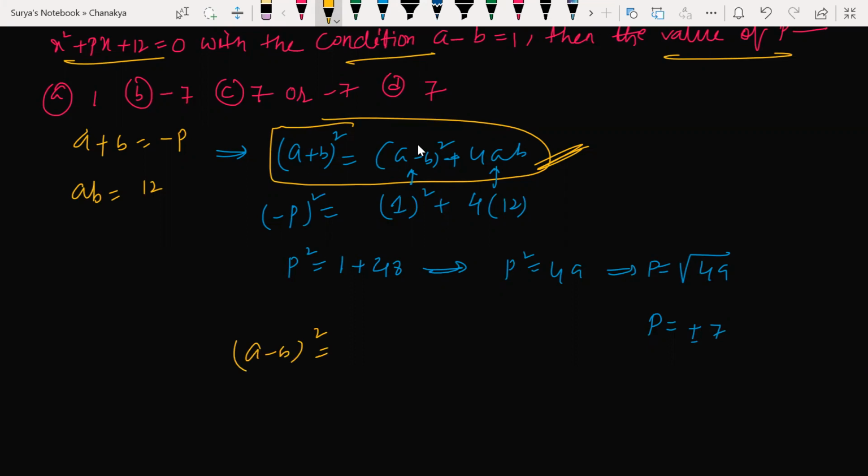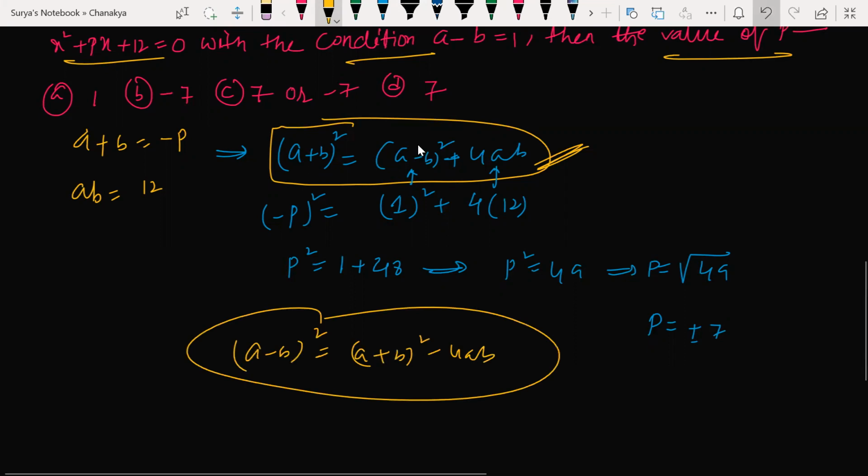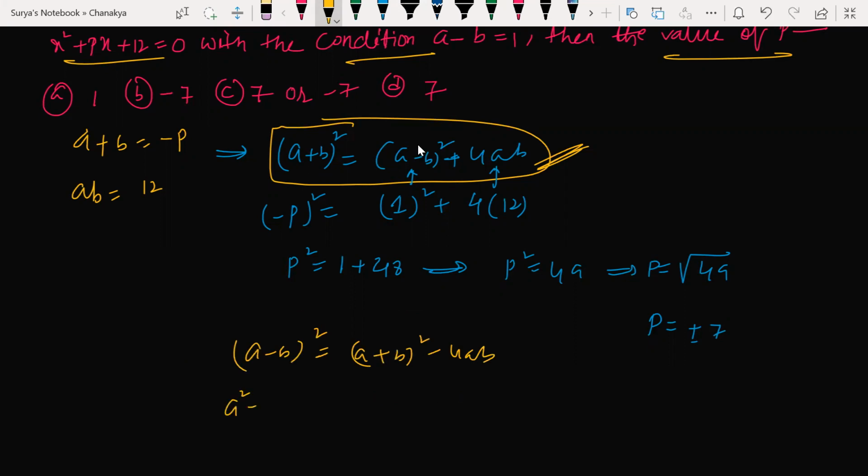A minus B whole square formula: how can you write it? A plus B whole square minus 4AB. Let's verify whether it's correct or not. A square plus B square minus 2AB equals A square plus B square plus 2AB minus 4AB.